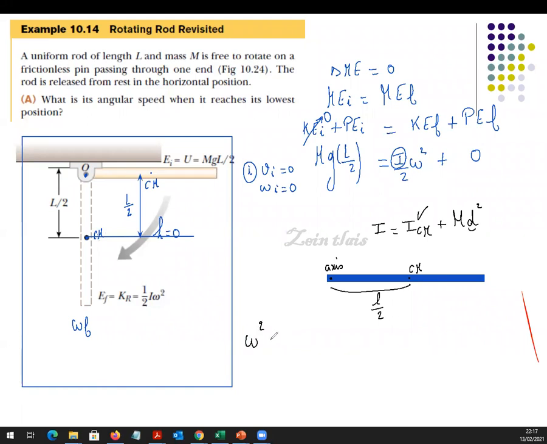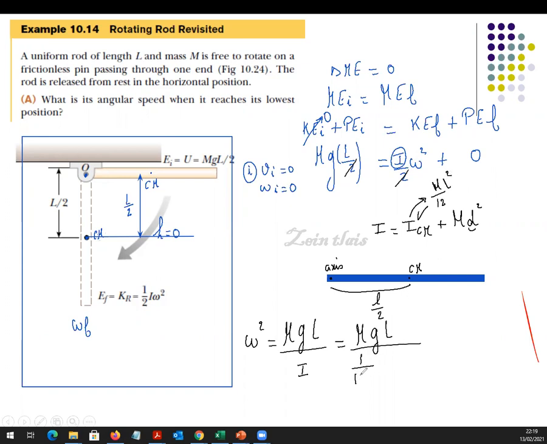We can say omega squared equals, we can eliminate 2 and 2, mgl divided by I. I equals ICM. I give you the value of ICM, equals 1 over 12 ml squared.